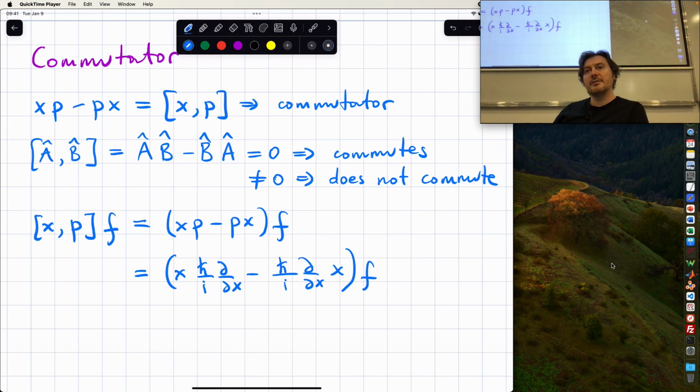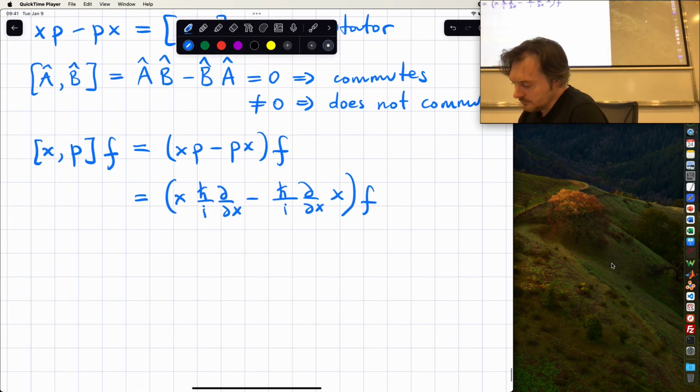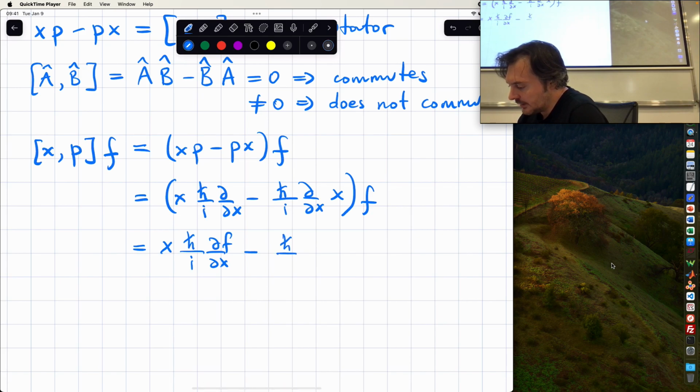So far, did you follow everything? Yes? This is a typical exam question, by the way, to derive the commutator for x and p. Okay, x times h bar over i del over del x, and f comes here, minus h bar over i del over del x, but this time it's x times f.